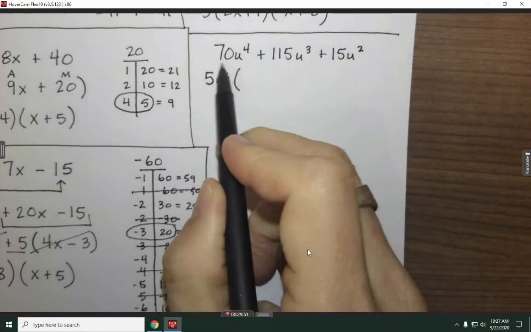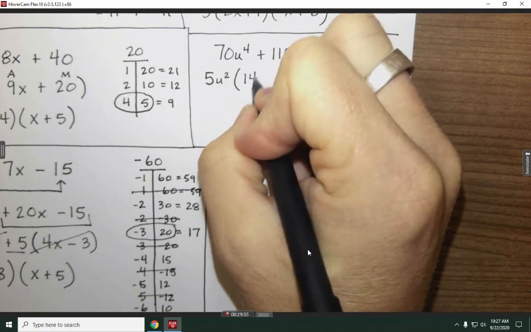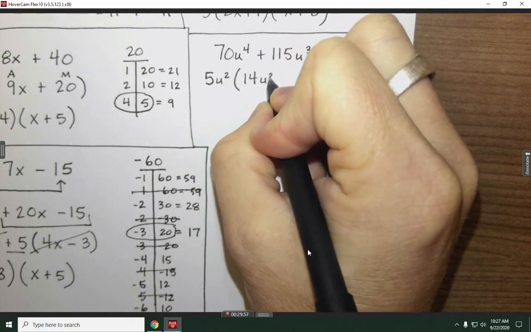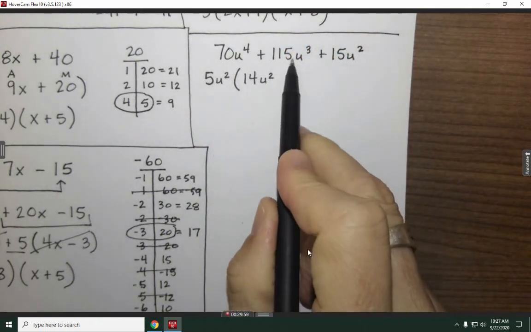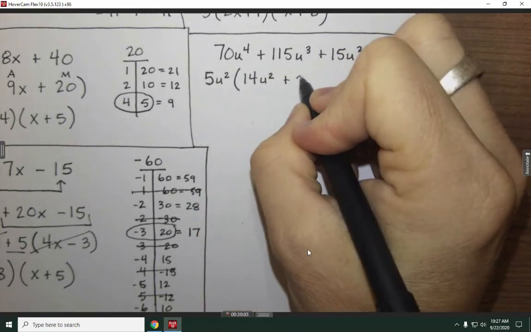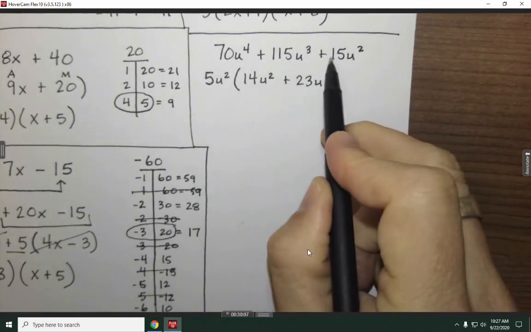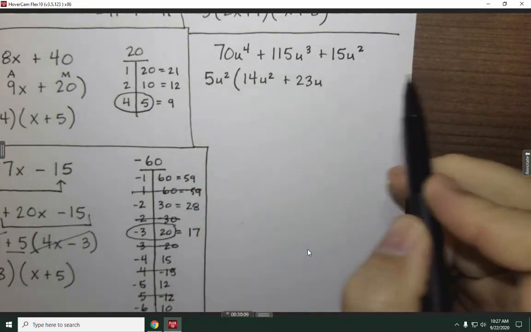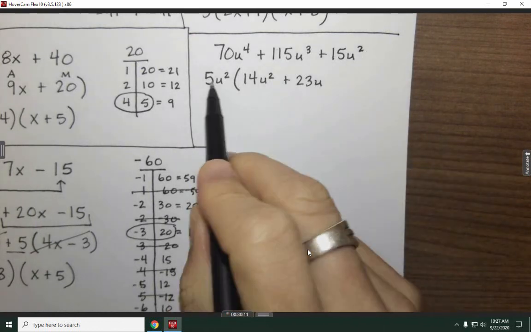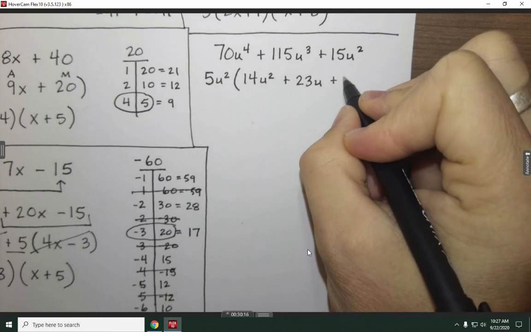So once we divide this out of here, 70 divided by 5, that is 14. Let's do the u squared. 115 divided by 5 is 20, 3u, and 15u squared divided by 5u squared is 3.